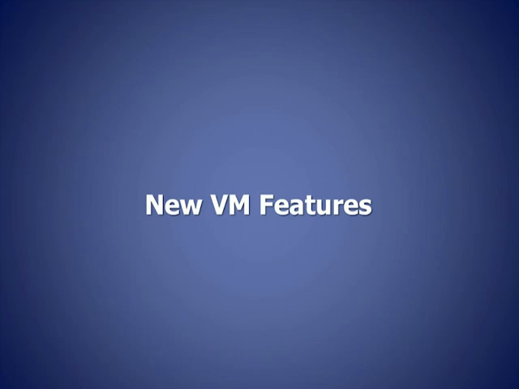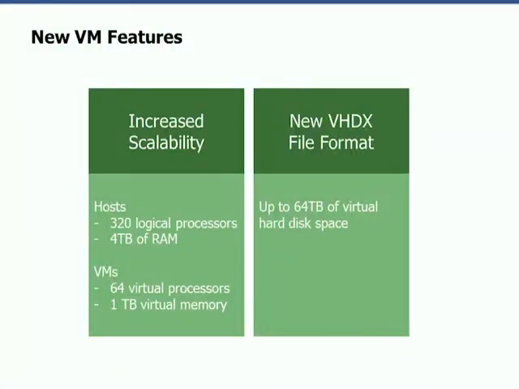Now let's move on and talk about new virtual machine features available in Windows Server 2012 Hyper-V. In Windows Server 2008 R2, virtual machines were limited to a maximum number of 4 virtual CPUs, or 4 virtual processors, and 64 gigabytes of virtual RAM, or virtual memory.